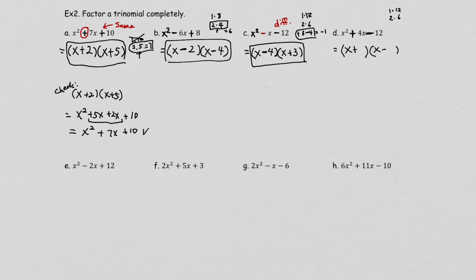Because this is negative, it means different signs. That gives you 4. So even before I go any further, I can tell this is going to be my option, because if I have positive 6 and negative 2, that will give you positive 4, right? So I will have positive 6, negative 2 as my factors.